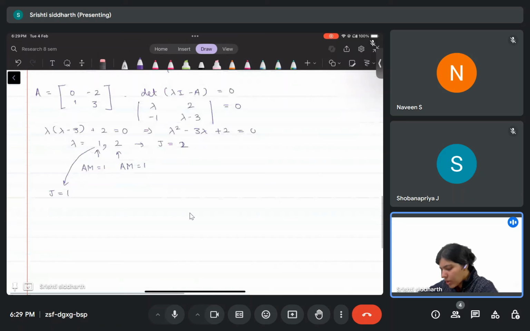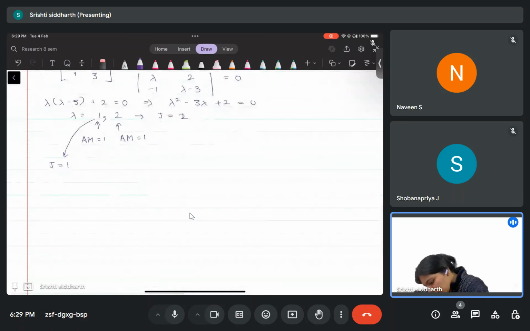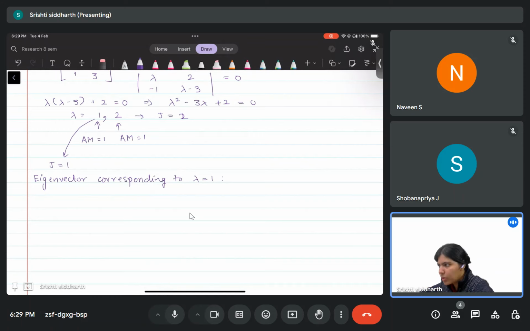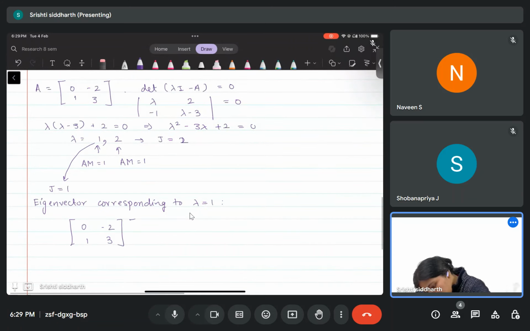Alright, now let's look at the eigenvectors. Corresponding to this one, we have the matrix 0, -2, 1, 3. This is the eigenvector eigenvalue equation.